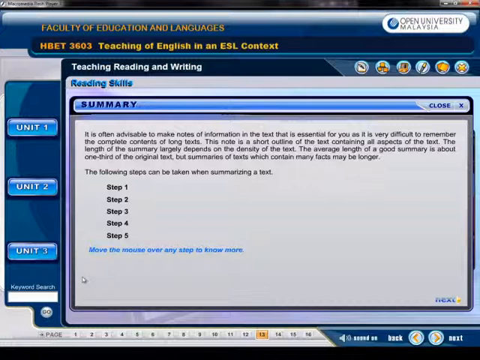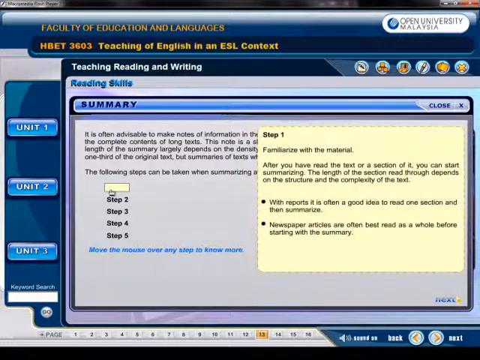The following steps can be taken when summarizing a text. Step 1. Familiarize with the material. After you have read the text or a section of it, you can start summarizing.